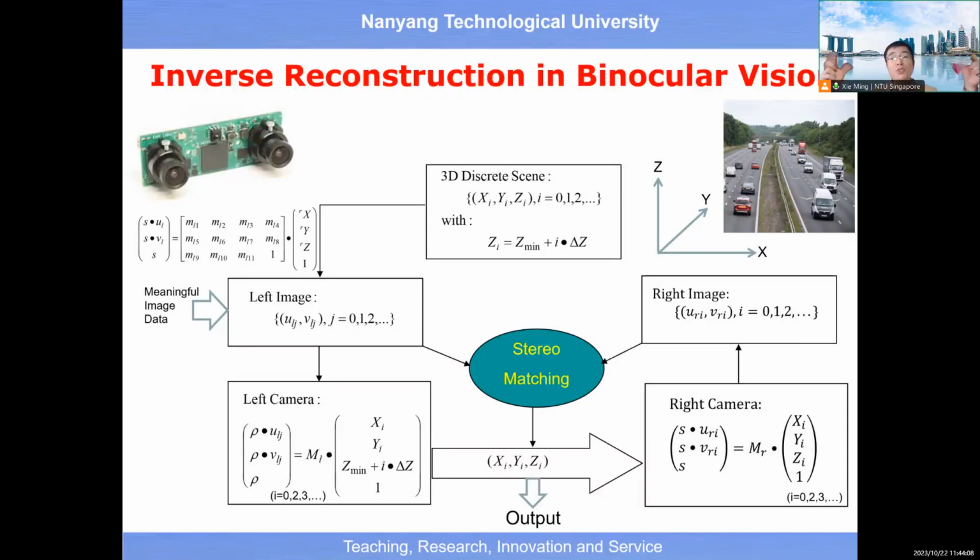If the two UV from the left eye and the right eye come from the same XYZ, then this XYZ should exist in the 3D environment. This is the working principle of this solution. It is a very powerful solution in computer vision, so if you have an interest in visual perception, you must fully understand this slide.